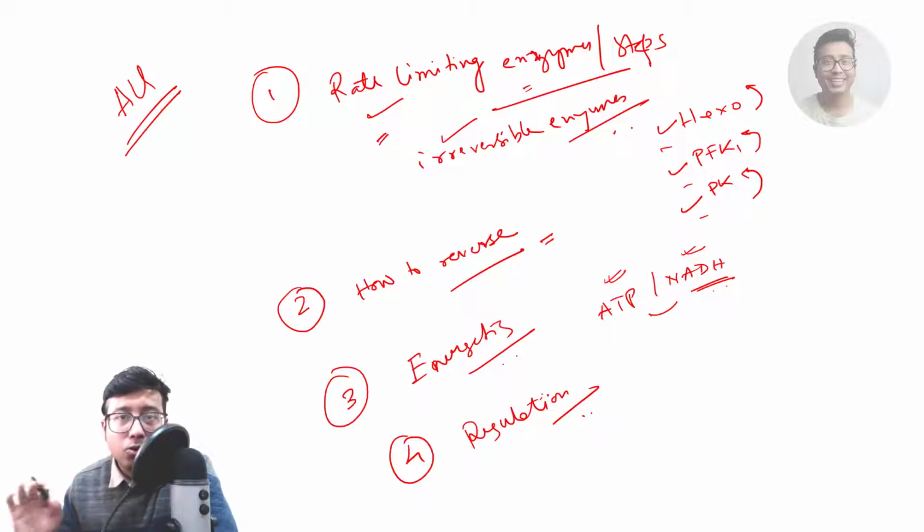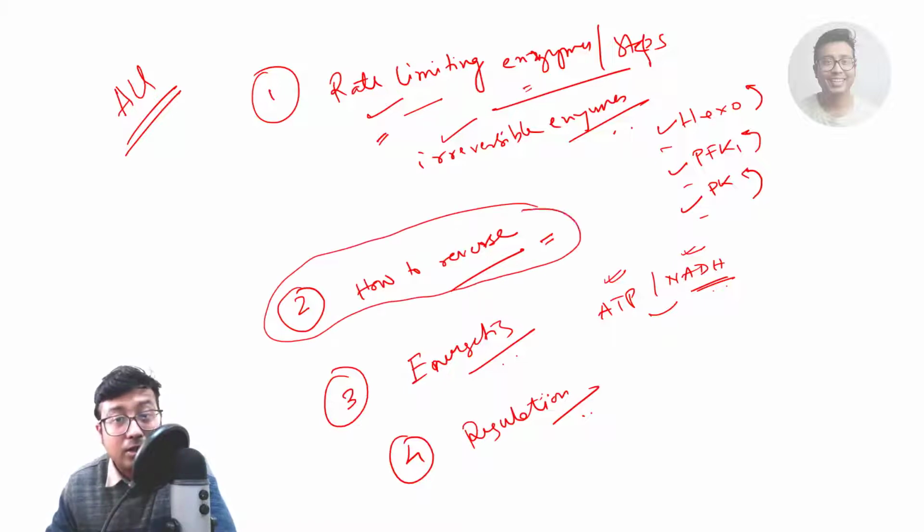Step after step, you don't need to know, only the irreversible or rate limiting steps and how you can reverse those steps, especially in case of glycolysis. In other pathways, it is not needed, okay. This is special in case of glycolysis and glycogen metabolism. For other pathways, you don't need to know the reversing enzymes. So: rate limiting enzymes or irreversible steps, energetics, that is how many ATP or NADH are produced and utilized, and the regulation of the step, okay.